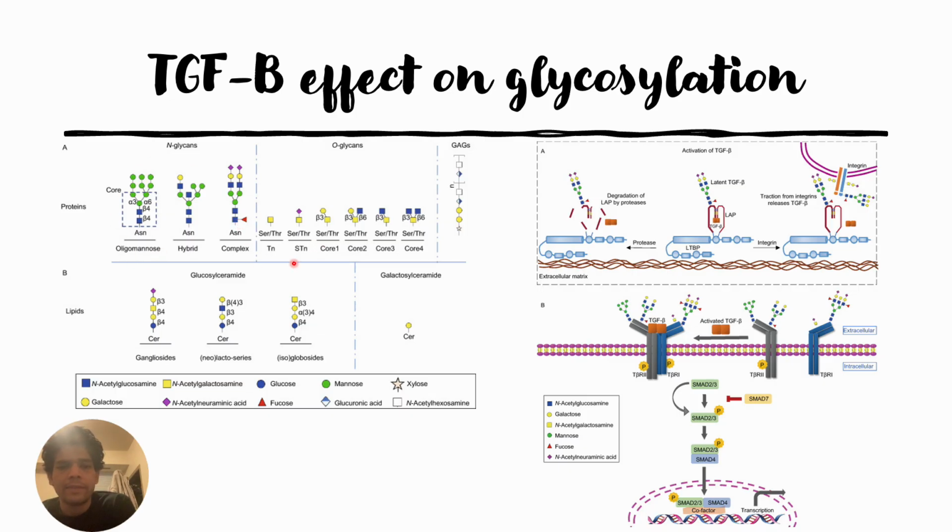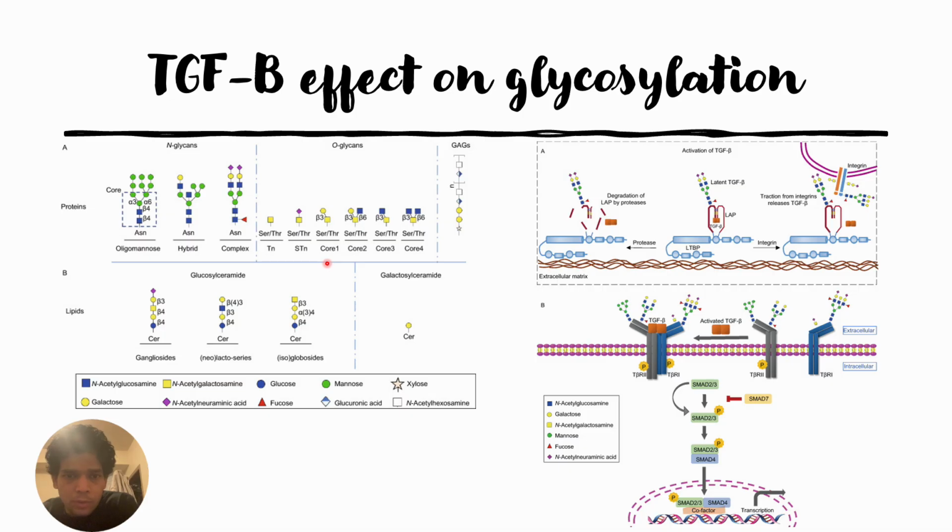In terms of the O-glycans, the commonly expressed O-glycans are shown here along with those that are found in cancers. The Tn and STn antigens are usually found in cancers, in which N-acetylgalactosamine along with sialic acid is called STn, and without it is called Tn.